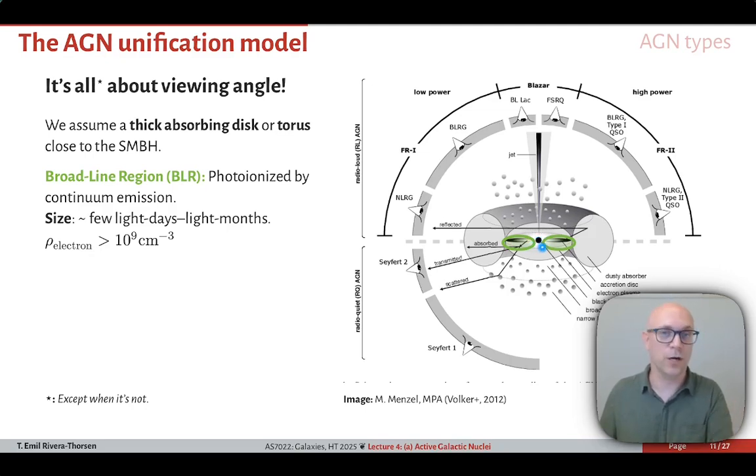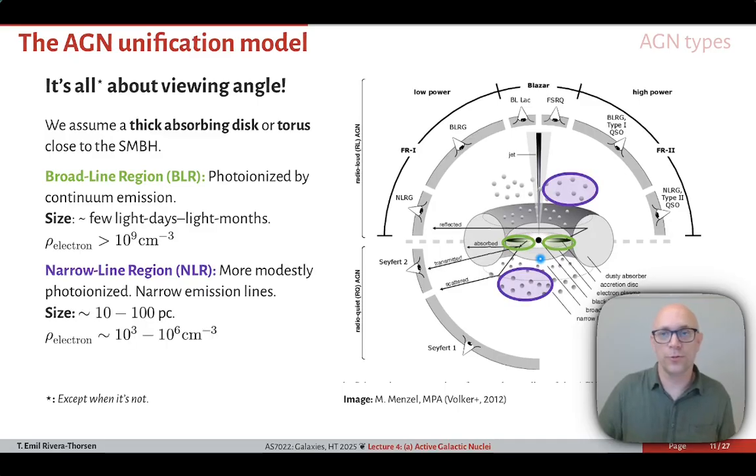And because they are so hot, you also see very broad lines because of a very high velocity dispersion in these gas clouds. The size of these regions is about a few light days to a few light months. And the electron density is about 10^9 electrons per cubic centimeter. Compared to Earth's atmosphere, that is nothing, of course, but compared to your typical ISM region, this is extremely dense.